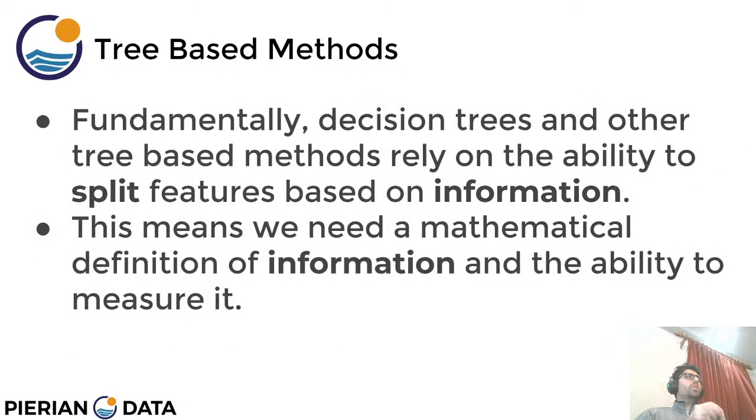Okay, so fundamentally, pretty much all we really want to know about decision trees is how do we decide on the ability to split features as we continue down a tree, and how do we actually construct this tree? What does it look like? And the main idea here is that I can actually mathematically measure information.